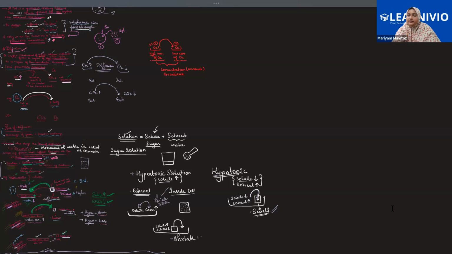Okay, what is the cell wall of plants made up of? Cellulose. Cellulose, correct. And the cell wall of fungi? Yes, the cell wall of fungi is made up of chitin. Chitin. Very good. And what about the cell wall of bacteria?